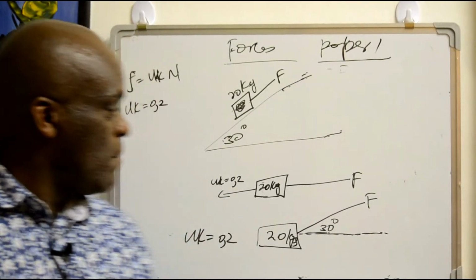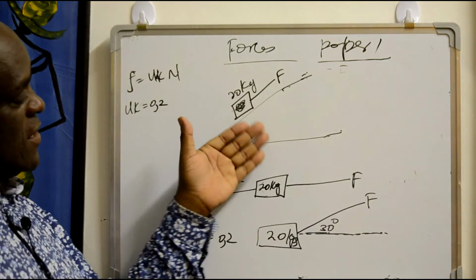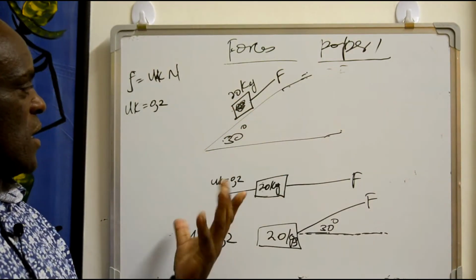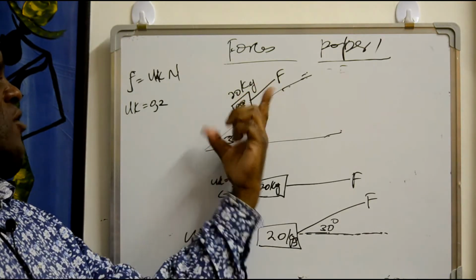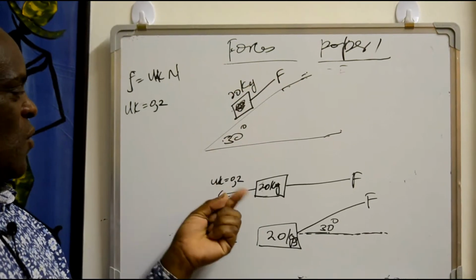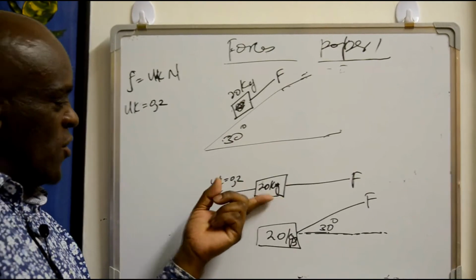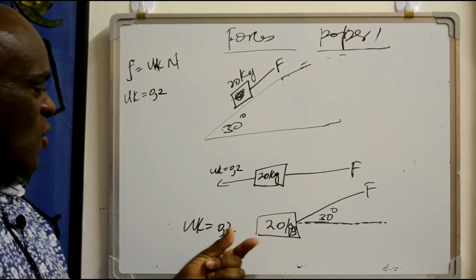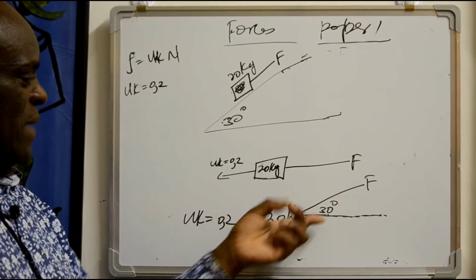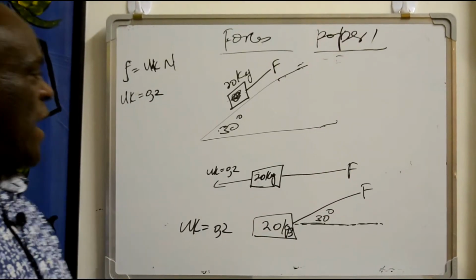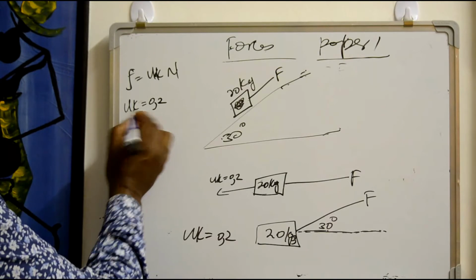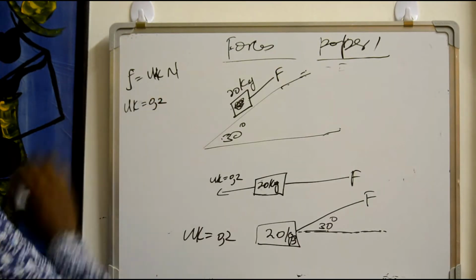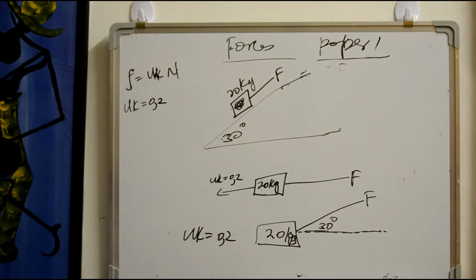Grade 12. There are different scenarios that I'm giving you: when this force F is applied on an incline, when this force F is applied on a horizontal surface, and when this force F is applied at an angle. Then we have what we call the kinetic coefficient of friction, UK, which is important when you're dealing with a friction force.